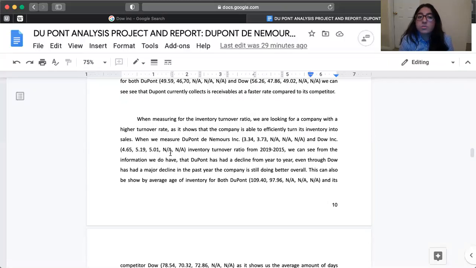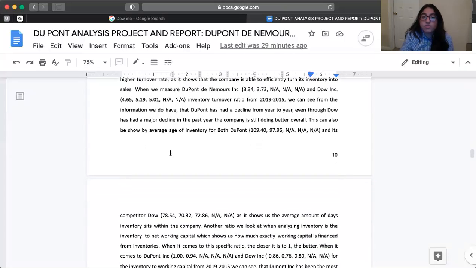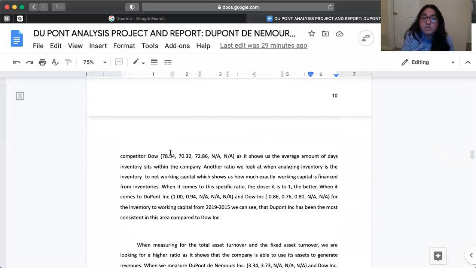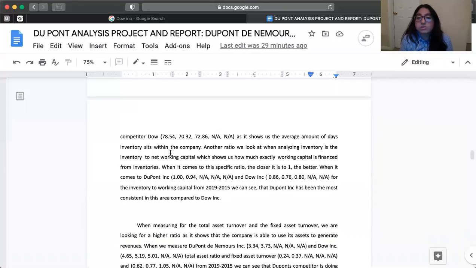This can also be shown by the average age of inventory for both DuPont and Dow, as it shows the average amount of days inventory sits within the company. Another ratio we look at when analyzing inventory is the inventory to net working capital, which shows us how much exactly of working capital is financed from inventory.